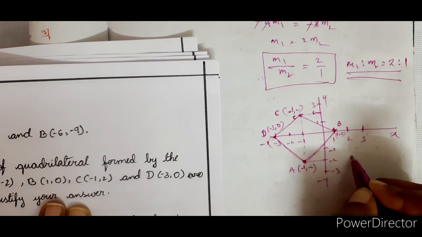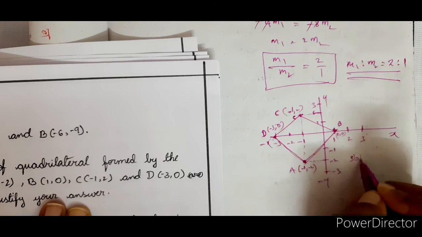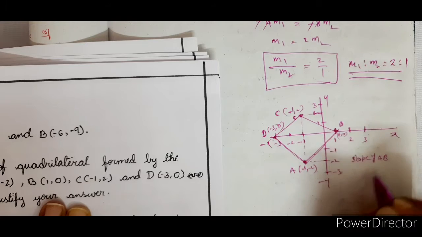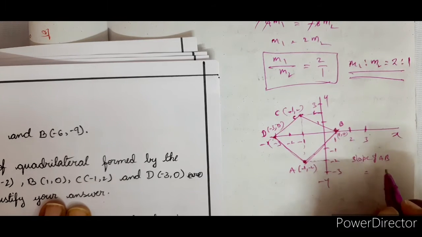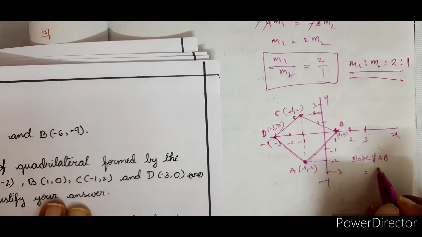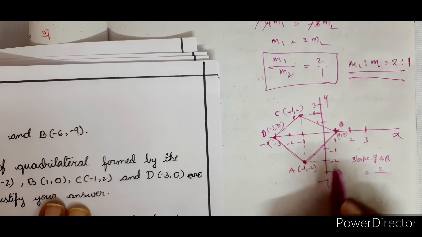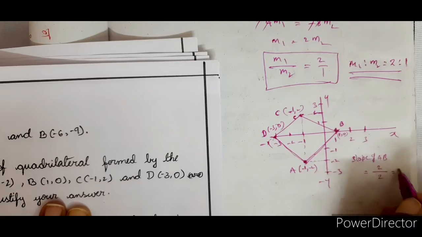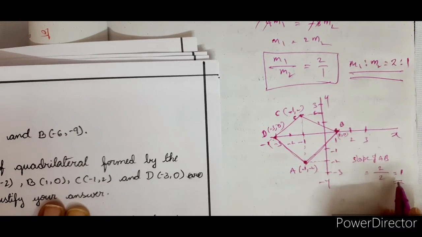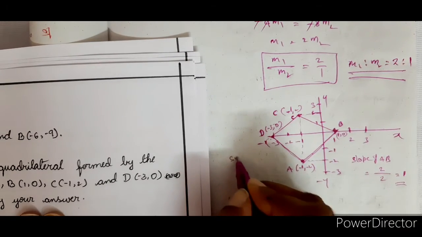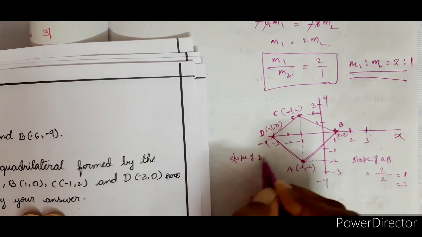Slope of AB is equal to y2 minus y1, which is 0 minus of minus 2, is 2, by x2 minus x1, 1 minus of minus 1 is 2, which is equal to 1. Slope of AB is 1. Now let us find out the slope of DC.